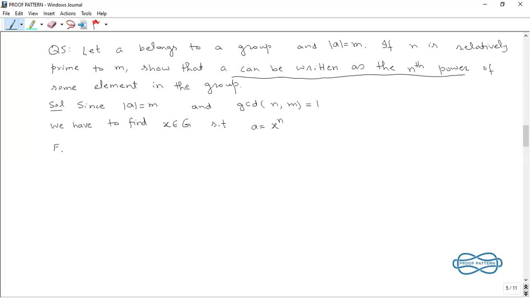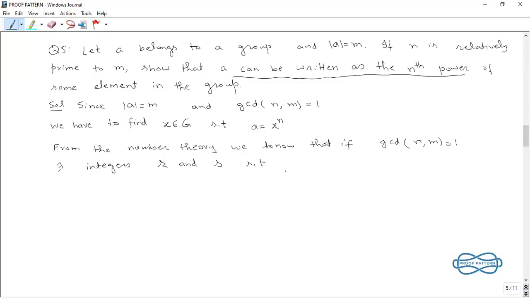Okay, from number theory, we know that if the GCD of two positive integers is 1, then there exist integers r and s such that rn plus sm is equal to 1.